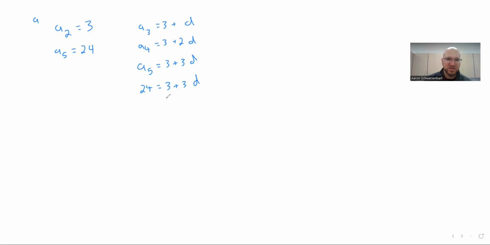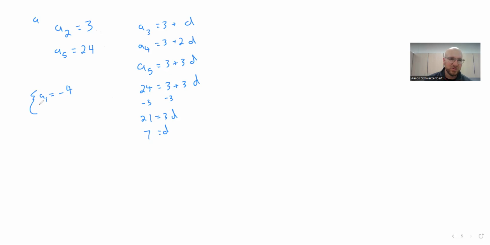So now I can just solve this. 21 equals 3d. D equals 7. I'm asked to write the recursive formula. Now I do need to actually go back to a sub 1, which should be 7 less than 3.